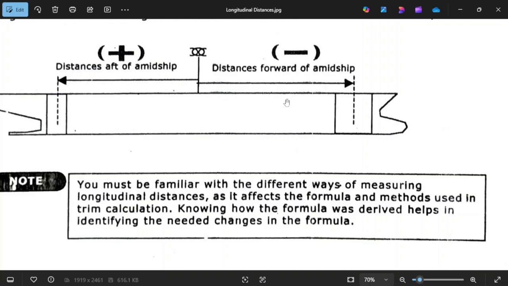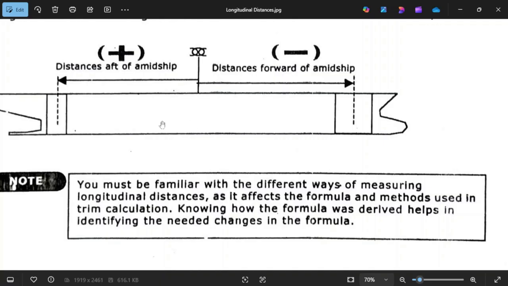Okay? Because of course, if this is your center of rotation, the tendency of this aft part will go down because your rotation is here. But if your rotation is in the middle, of course, you have even keel, no trim.